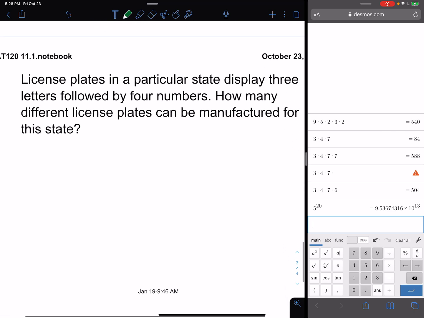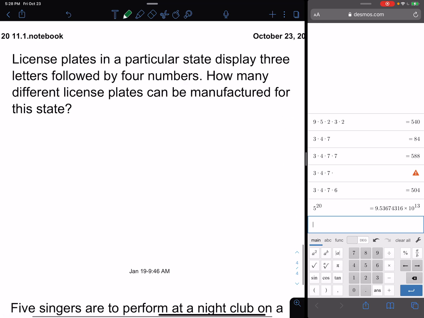Let's look at another example. They tell us that license plates in a particular state display 3 letters followed by 4 numbers. How many different license plates can be manufactured for this state? So if we think about what's going on, it's got 3 letters followed by 4 numbers.